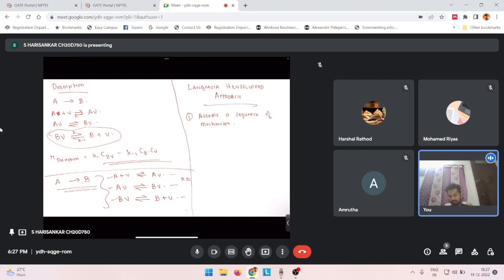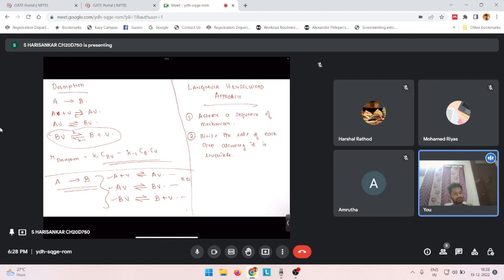Now the second step is to write the rate of each step, assuming it is reversible. That is also what we just did.